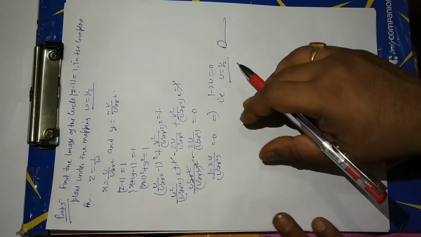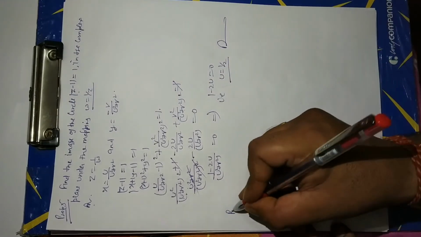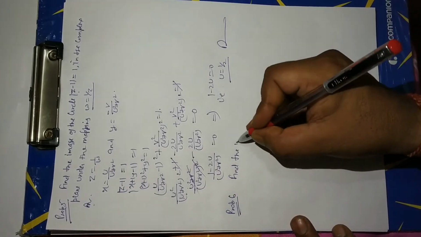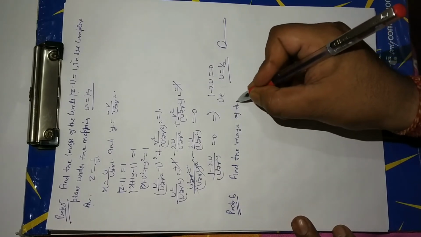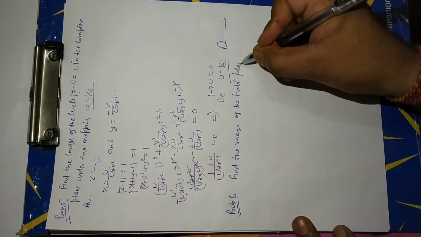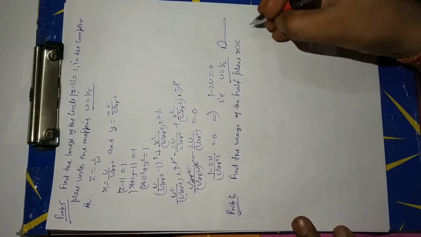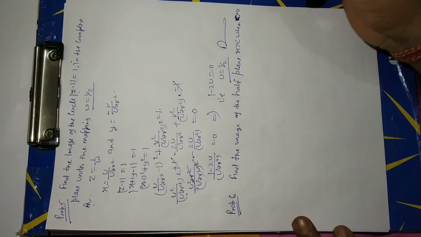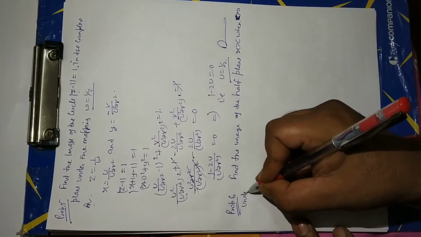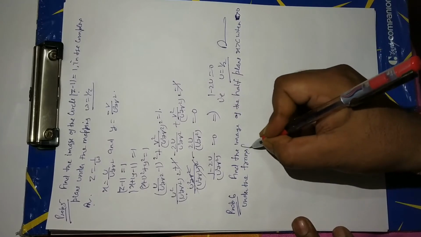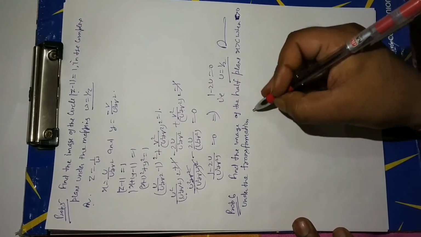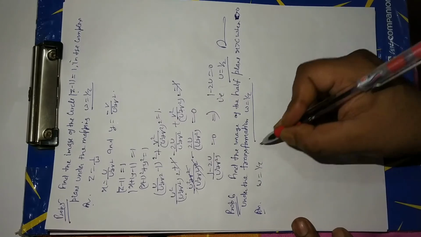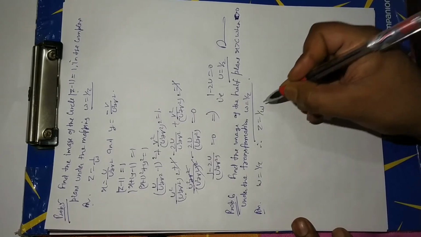Now next problem. Problem 6. Find the image of the half plane x > c, when c > 0, that is positive, under the transformation w = 1/z. Now the answer: since w = 1/z, therefore z = 1/w.